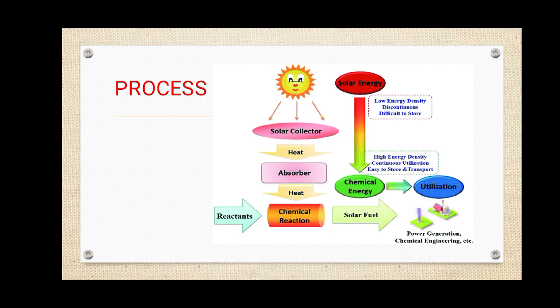Chemical engineering and other things are used to make it possible for our people. Or in another way, the chemical reactants, by using chemical reactions, will give the energy to the solar fuel, and from that we can get the utilization energy. So this is how the process of solar harvesting happens.